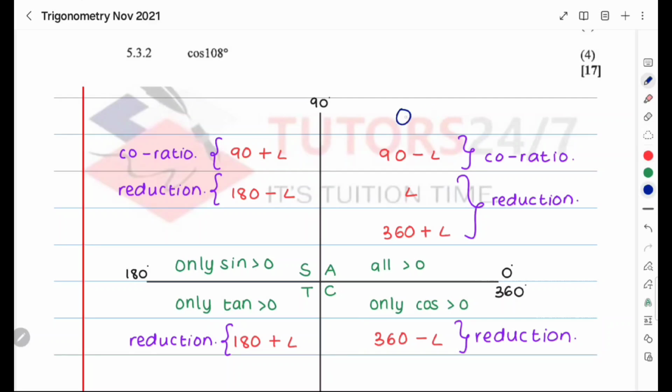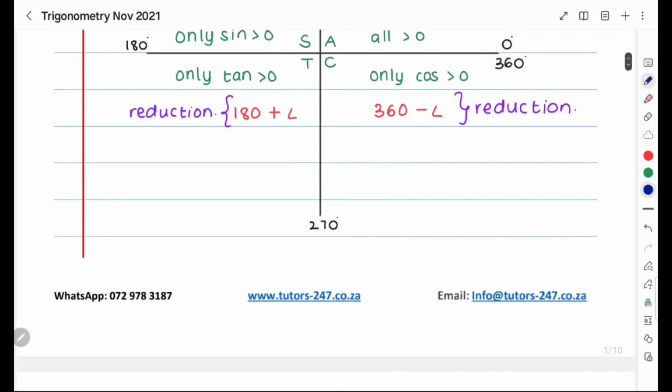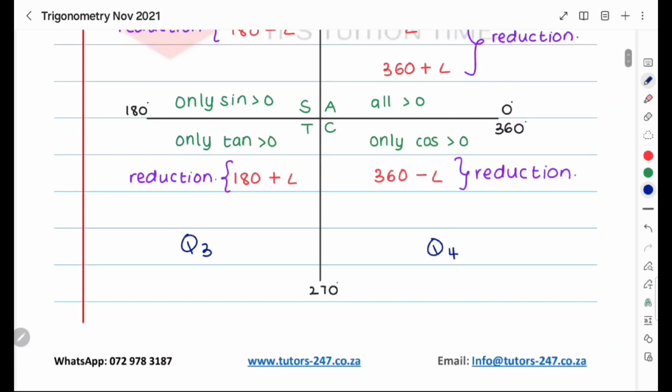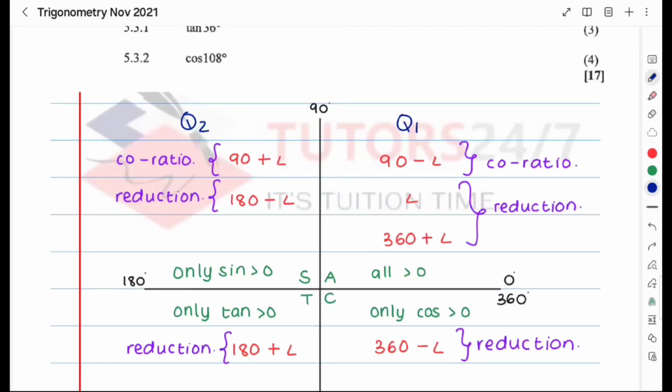So this is going to be quadrant 1, quadrant 2, quadrant 3, and lastly quadrant 4. So we now know that sine of 140 is in quadrant 2 and sine is positive in quadrant 2. So we now have positive sine.